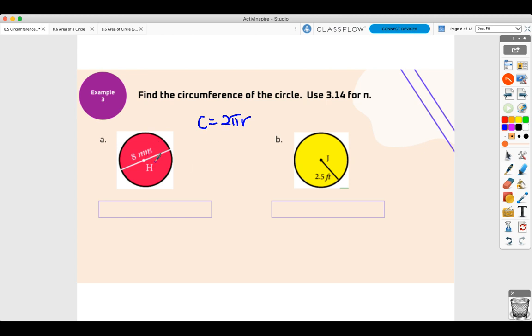The diameter here is 8, so the radius is going to be 4. So C is equal to 2 times 3.14 times 4. You can just put all of this in the calculator, all right? Please don't show the math for it. 2 times 3.14 times 4 gives you 25.12 millimeters.